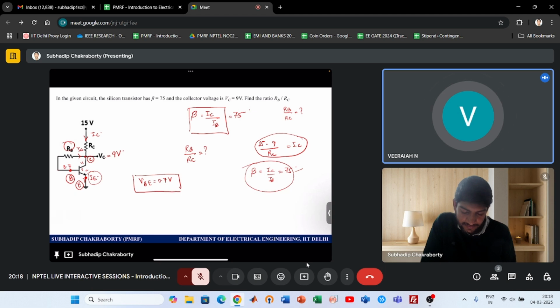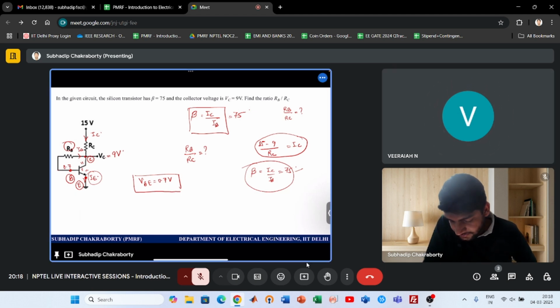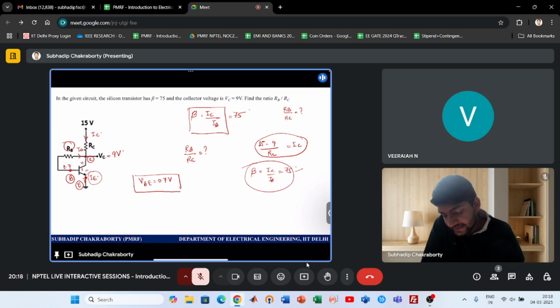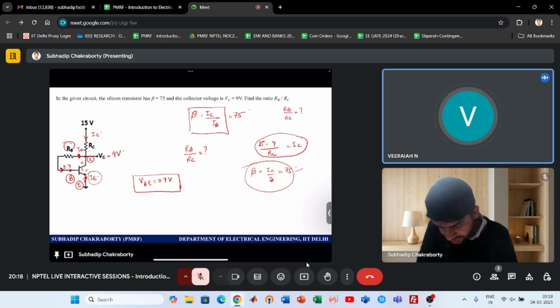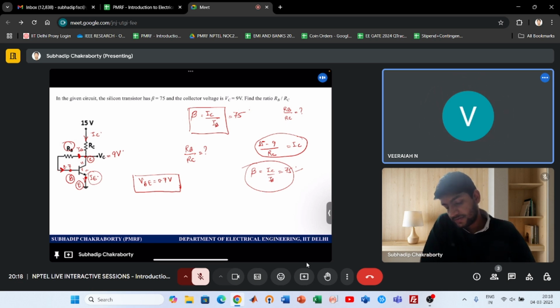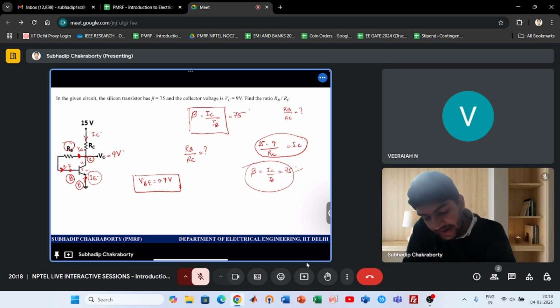IB equal to 0.7 minus 9 divided by RB. So let us take it in this direction because IB will flow from P to N. So what direction can I select? 9 minus 0.7 divided by RB.